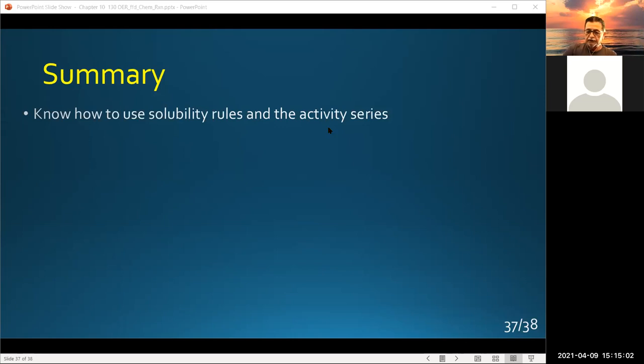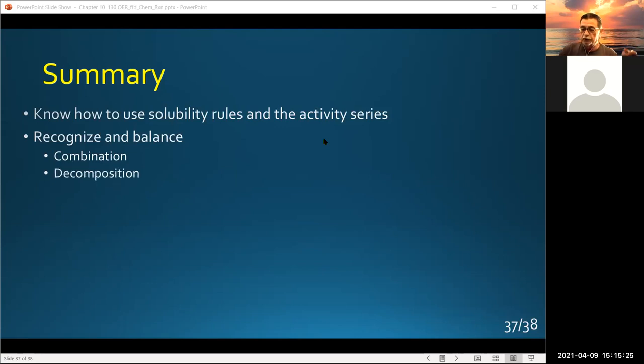To summarize everything, get familiar with the solubility rules and how they work. The same with respect to the activity series. Be able to recognize and balance combination reactions, when two reactants, specifically two elements, come together to form a compound, and recognize a decomposition reaction. Normally that is a compound that is broken down into the elements.